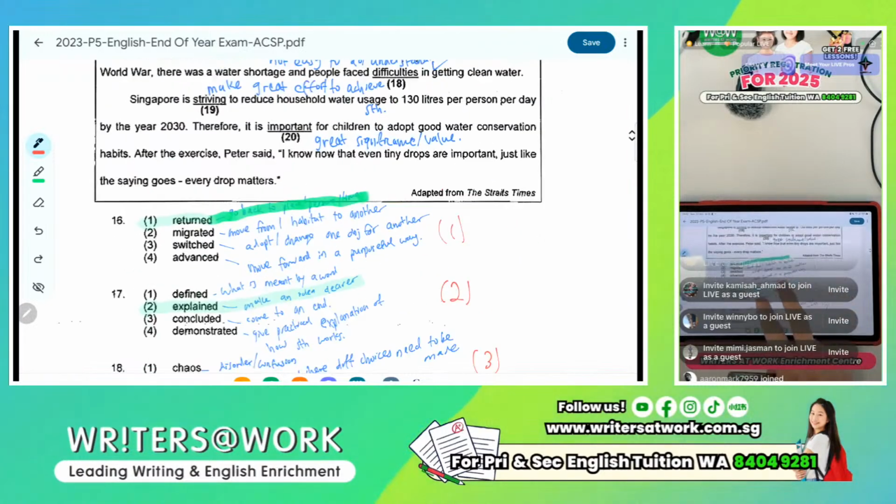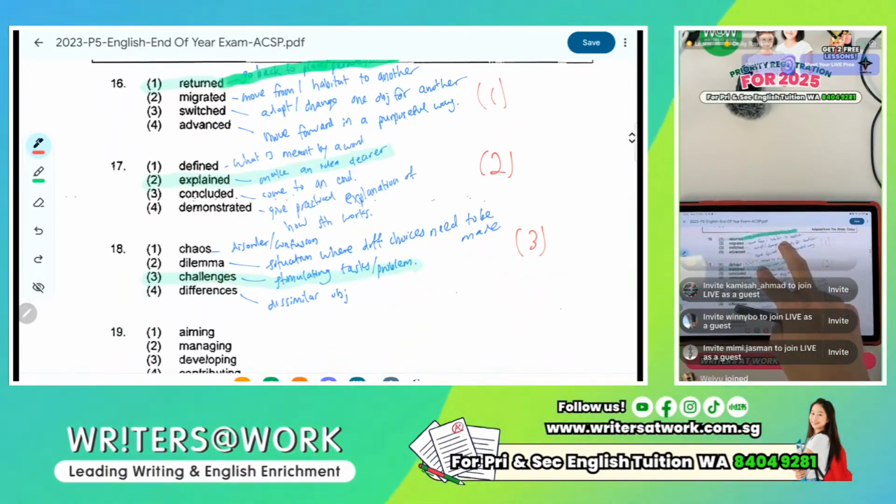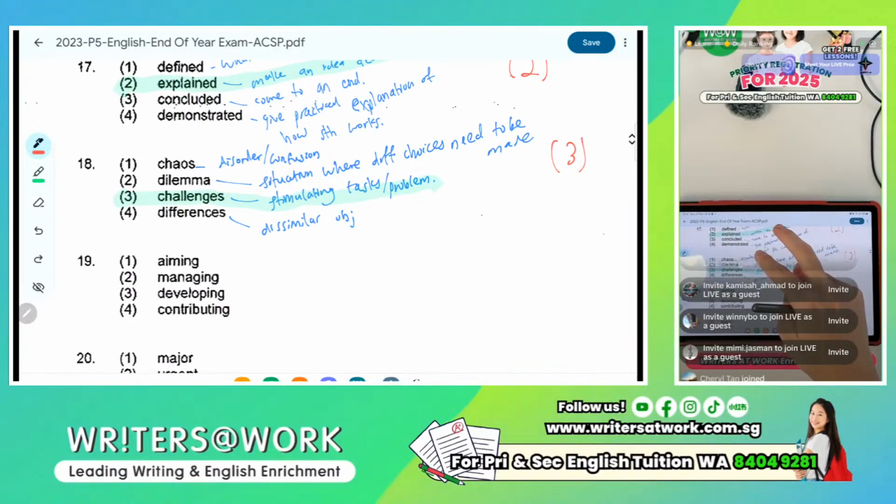Now moving on, question 19 is striving. That means you are making great effort to achieve something. So looking at the options here, first one is aiming. Aiming means that you have the intention of doing something. Next, we have managing, which means control or authority over something.